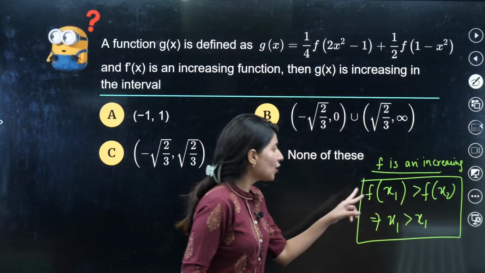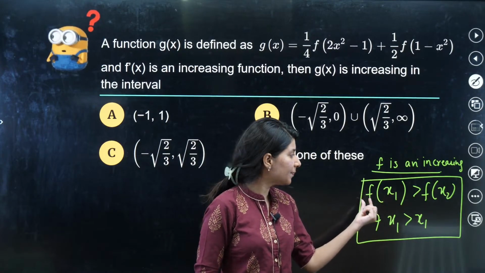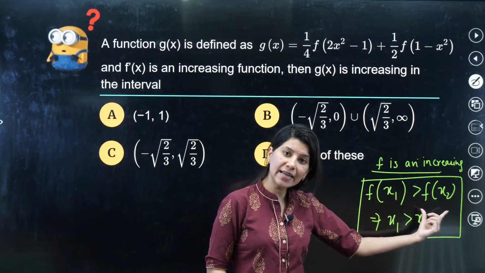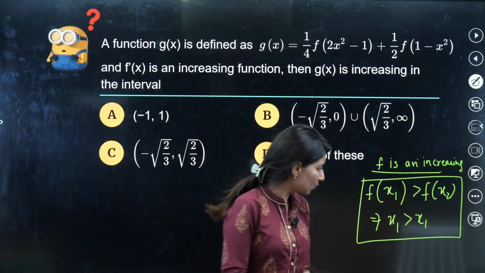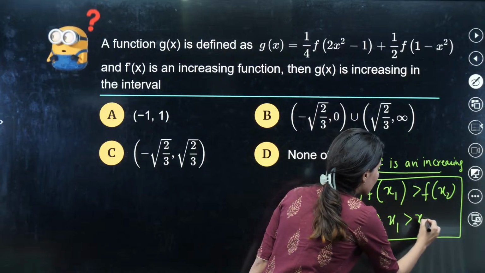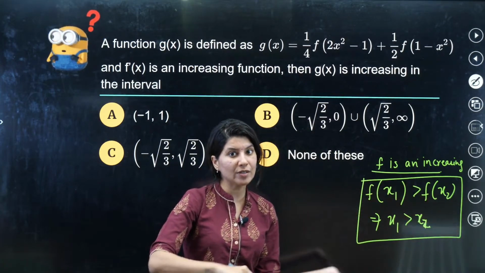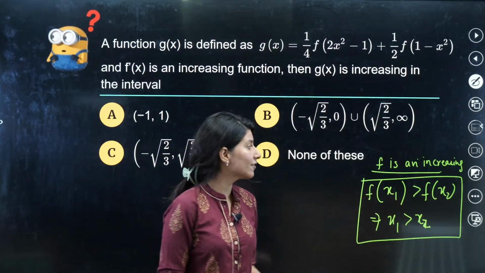That means for an increasing function, we can simply remove the f. So if f of x1 is less than f of x2, then x1 will be less than x2 for an increasing function.